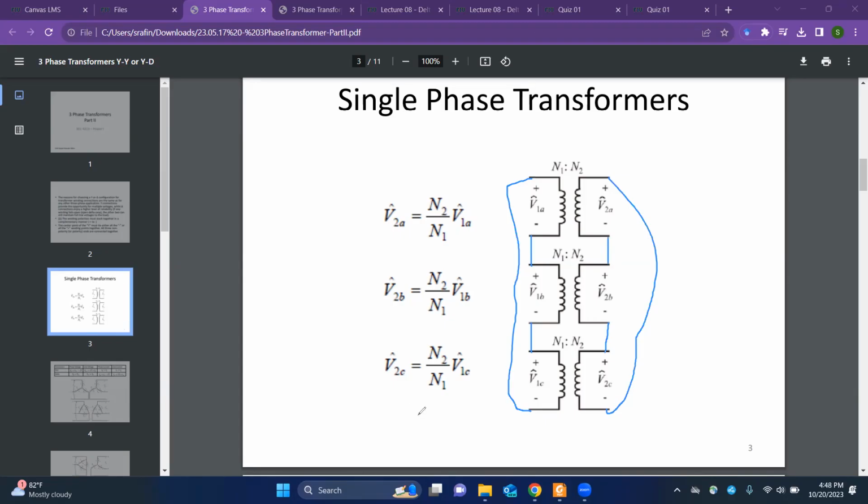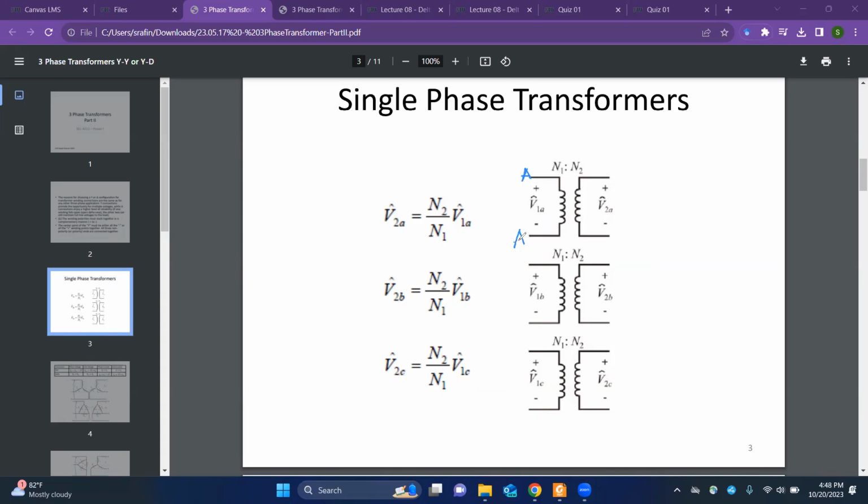But what if we want to have Y connection? Let me erase everything. Okay, here drawing. Okay, so now let's draw a Y connection. In Y connection, like I told you, this is A and this is A prime.